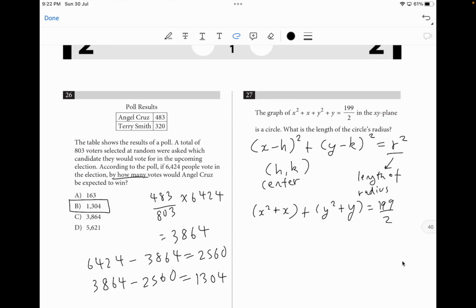So we're going to add 1 by 4: since the coefficient of x is 1, we divide by 2 to find half, and the square of half the coefficient of x is 1 by 4. We're going to add this to the side of x squared plus x, and to the side where it shows 199 divided by 2.